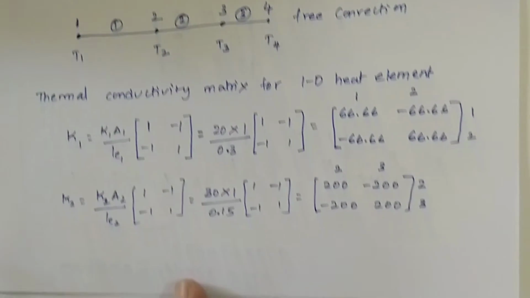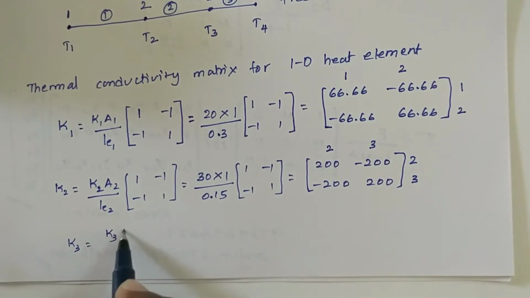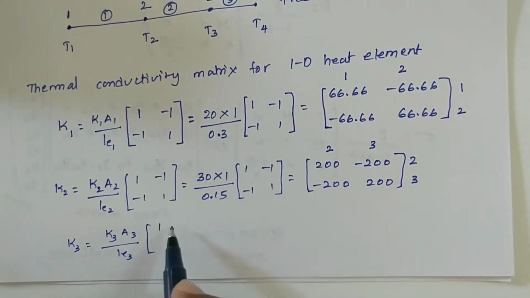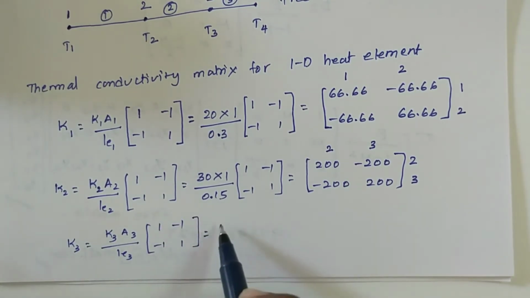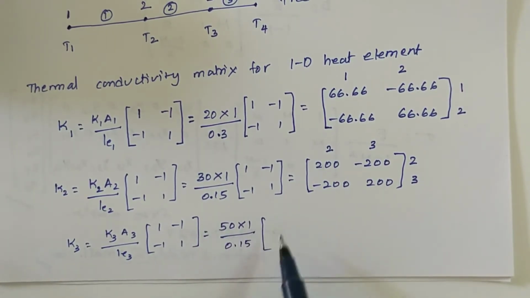Similarly, let us write for element 3. K3 is equal to K3 A3 divided by LE3, times plus 1, minus 1, minus 1, plus 1, which is 50 into 1 divided by 0.15, times plus 1, minus 1, minus 1, plus 1.